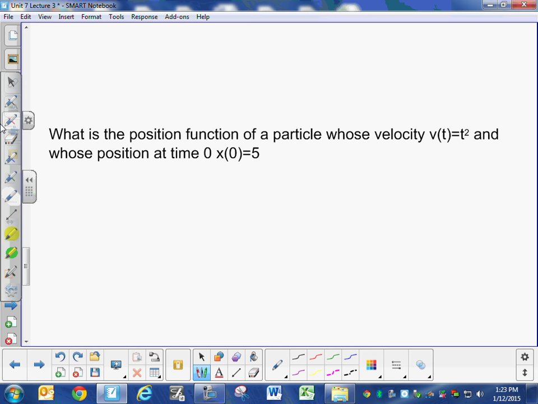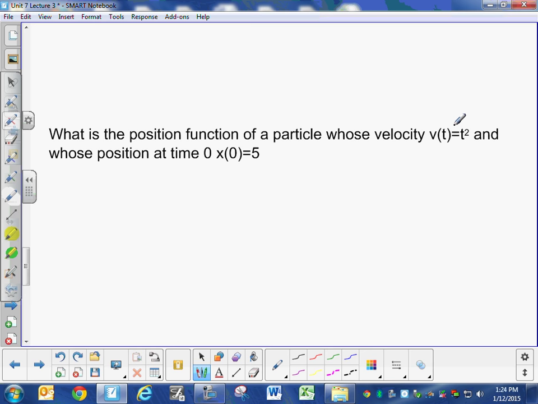What is the position function of a particle whose velocity is equal to t squared and whose position at time 0, x of 0, is 5? You can start working the other way. If I want to find the position function, I have to take the antiderivative of velocity.